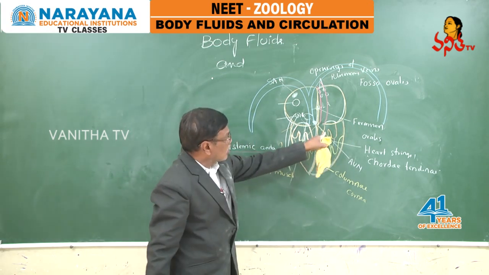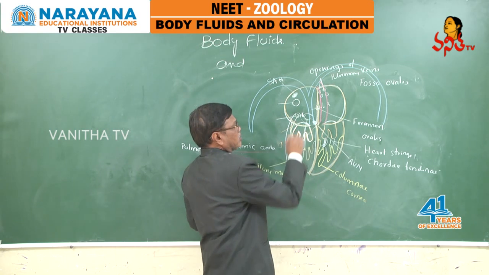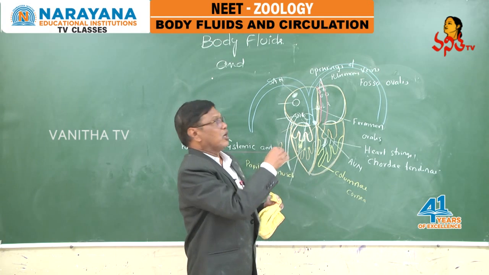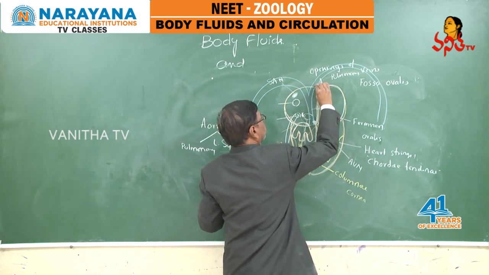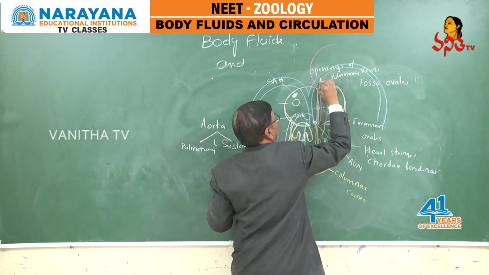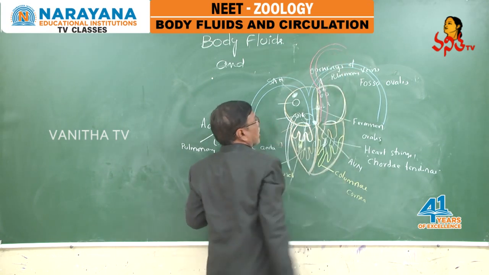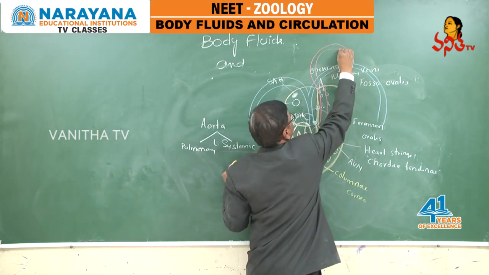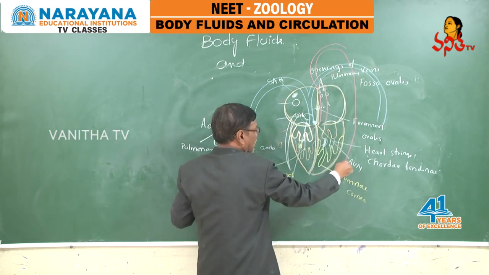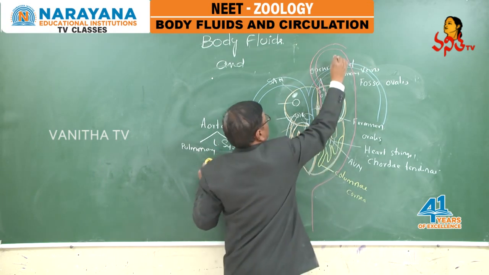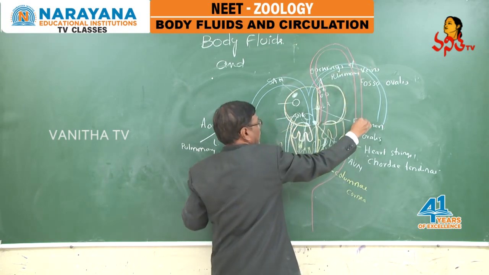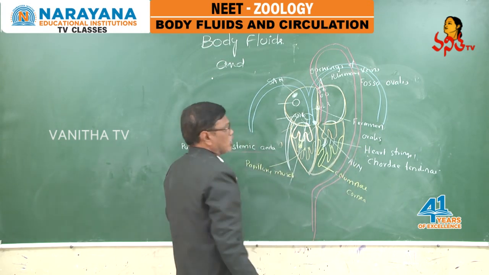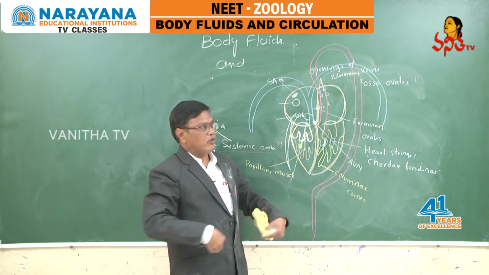Right anterior corner of the left ventricle. After its origin, it runs anteriorly, then turns around the left bronchus, and then becomes the dorsal aorta, which passes downwards posteriorly beneath the vertebral column up to the level of hind limbs, where it divides into two.